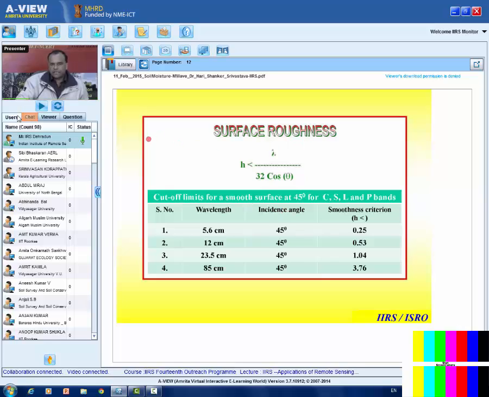Now there is a very interesting fact about surface roughness from the microwave point of view. Surface roughness is not a fixed parameter of the target as far as microwaves are concerned. It is a function of wavelength and incidence angle. It means if we use longer wavelengths, surface roughness will decrease, and if I use shorter wavelengths, surface roughness will increase.